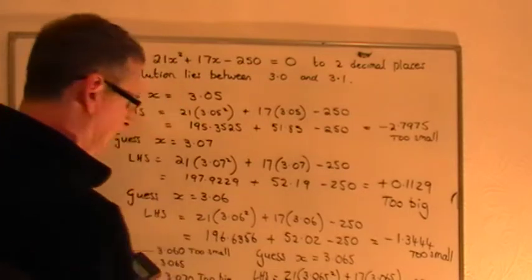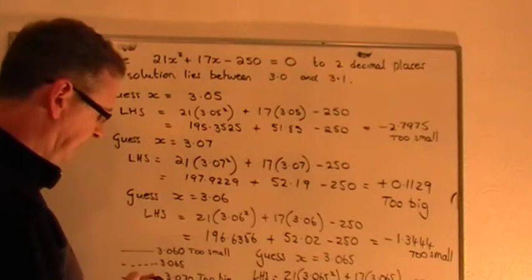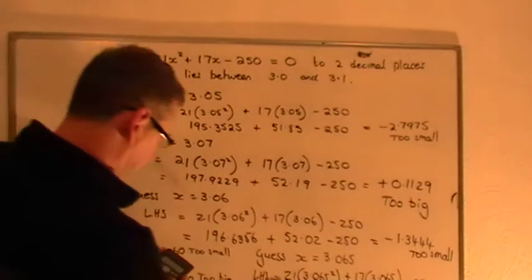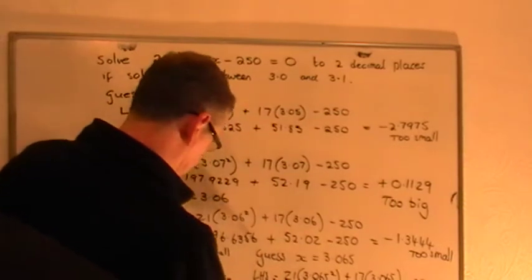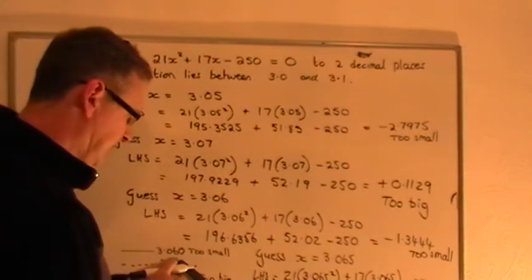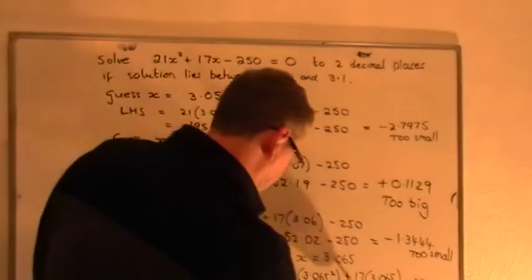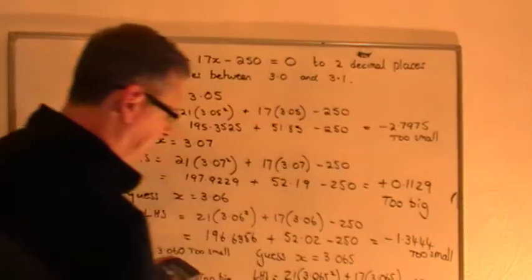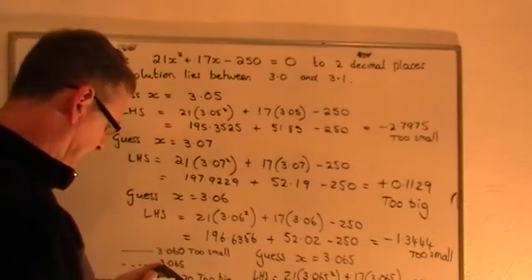Okay, which is equal to, 3.065 squared equals, times by 21, we get an answer of 197.27825 plus 17 times 3.065 equals 52.105 take away 250.